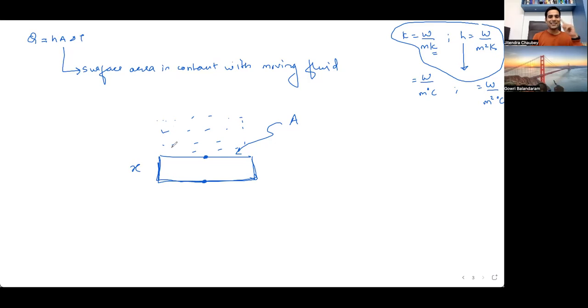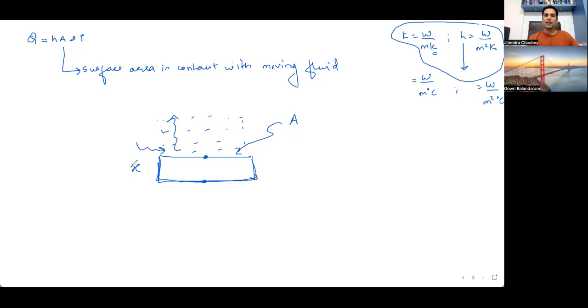So when the density decreases, automatically the lesser dense fluid will go upward and the denser will go down. When something leaves the surface, a vacuum is created, and that vacuum will pull the fluid in the surroundings, which is at a colder temperature.